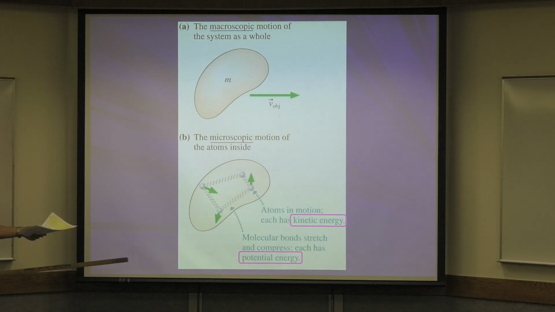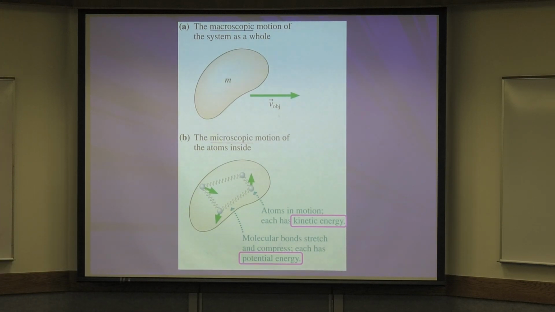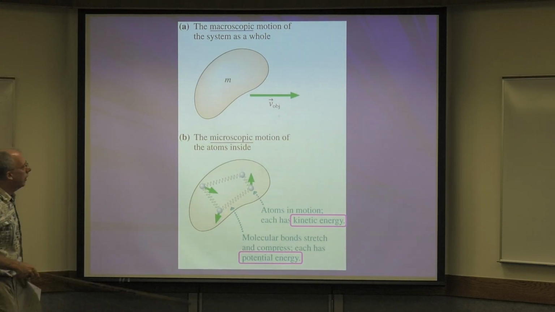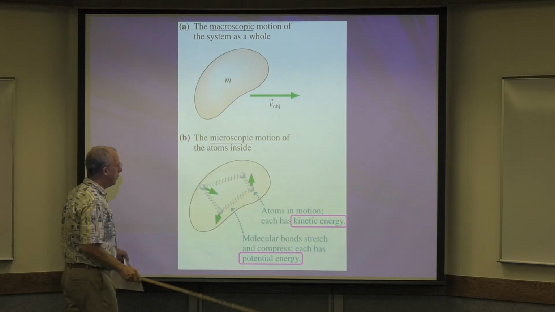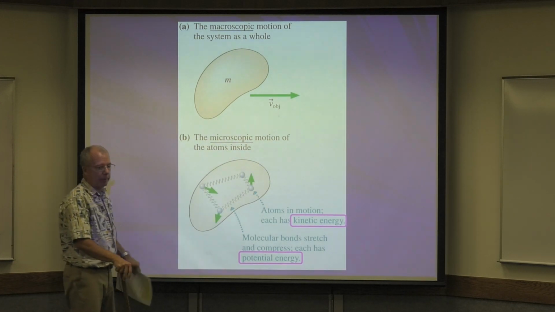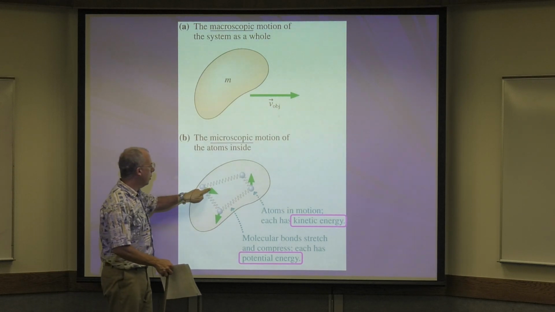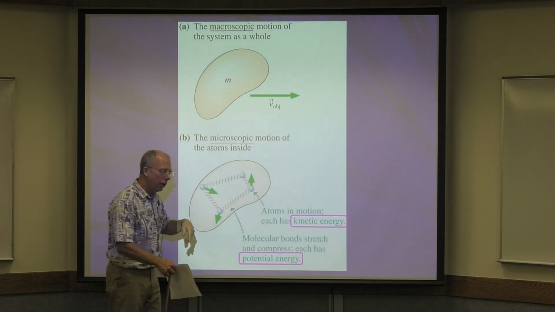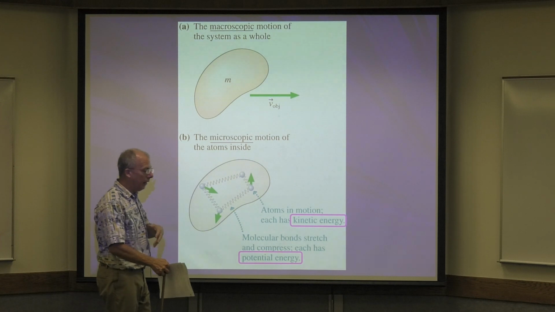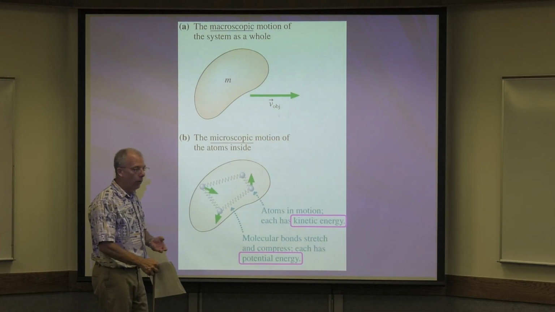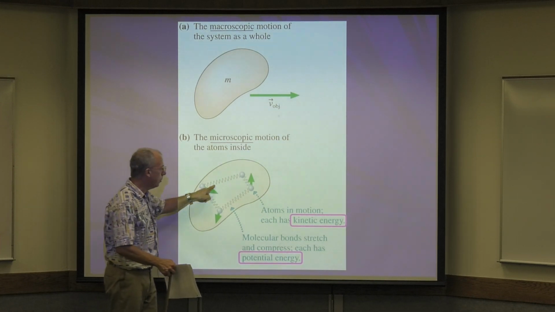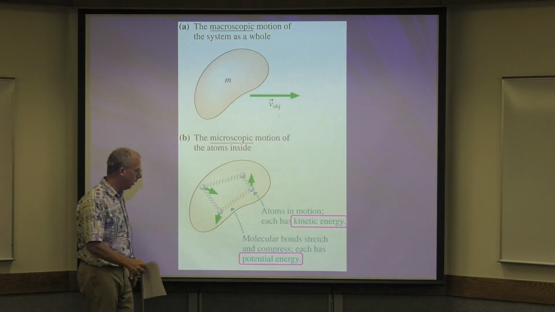That's called macroscopic. Now, if you had a really good microscope, you could look inside that blob and you'd see molecules or atoms. And let's say molecules. The molecules are held together by molecular bonds, and a very good model for a molecular bond is a spring, which you've heard before.